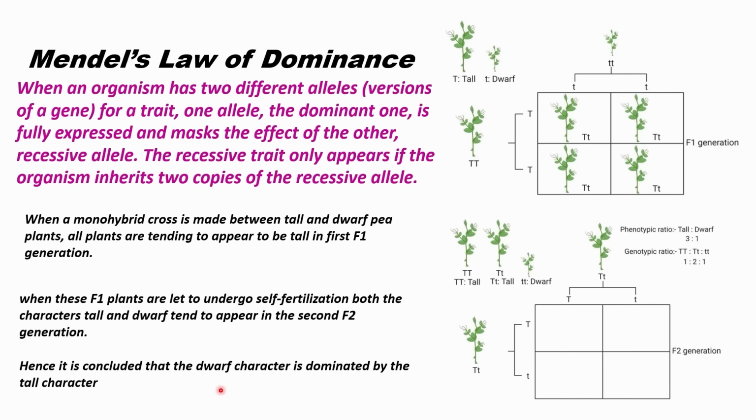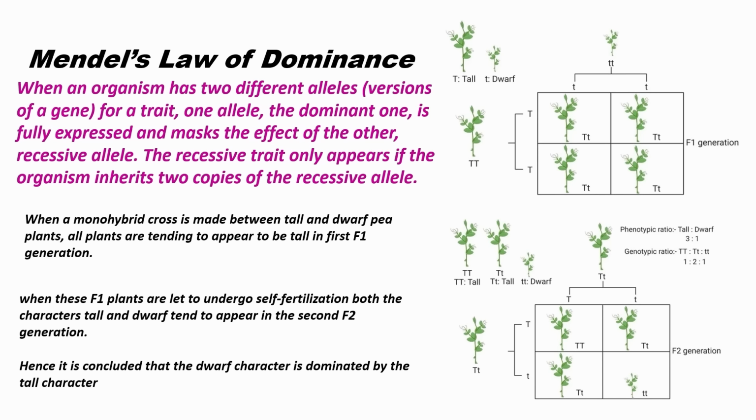You can observe these first filial plants. If we self fertilize them, we can get 75% tall plants and 25% dwarf plants.